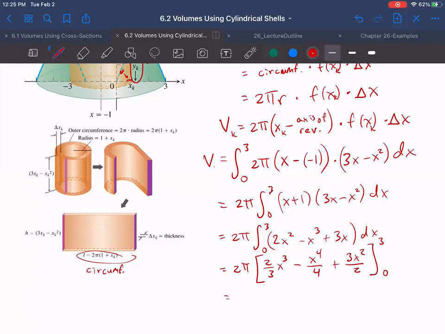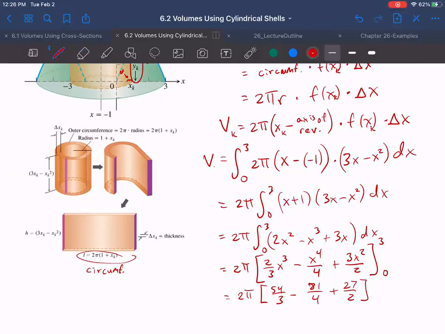We'll end up with 2 pi times, what do we got? 3 cubed is 27 times 2 is 54 over 3, minus 3 to the 4th is 27 times 3, which is 81, over 4. And then 3 to the 3rd again, plus 27 over 2. And then minus zeros, so I don't need to write those, right? Those are all going to be zeros.